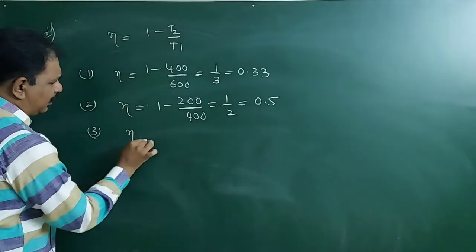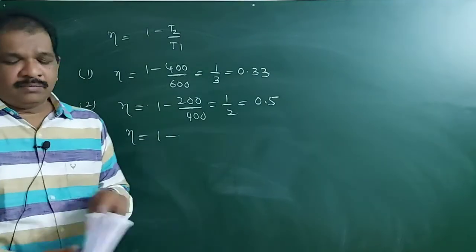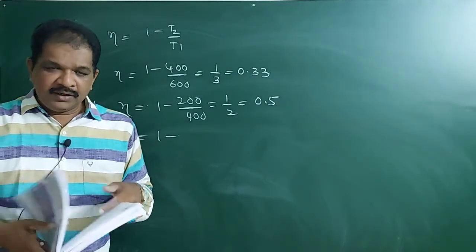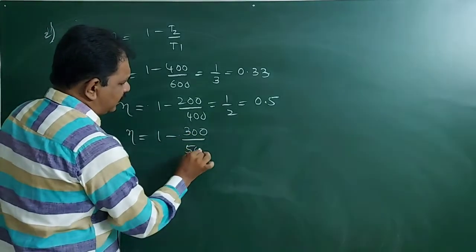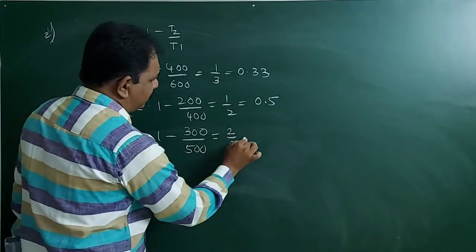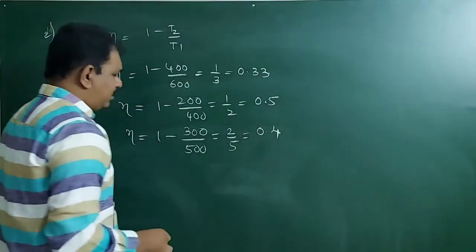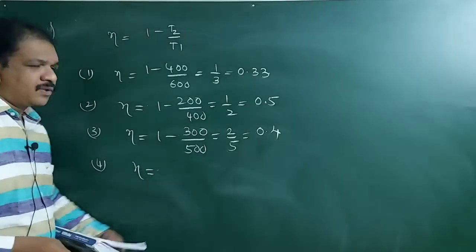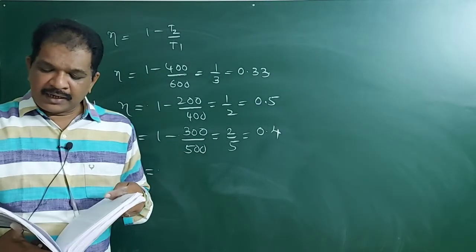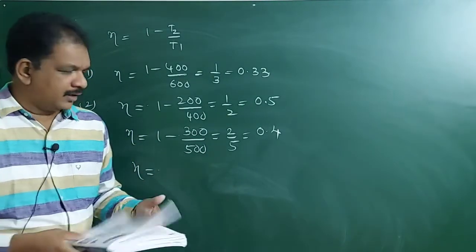Third option, eta is equal to 1 minus 300 by 500, that is 1 minus 3 by 5, so 2 by 5, this value is 0.4.